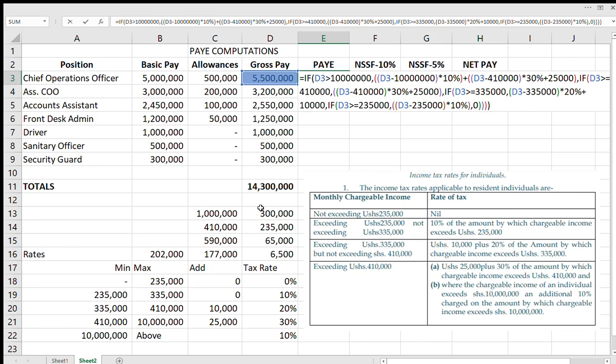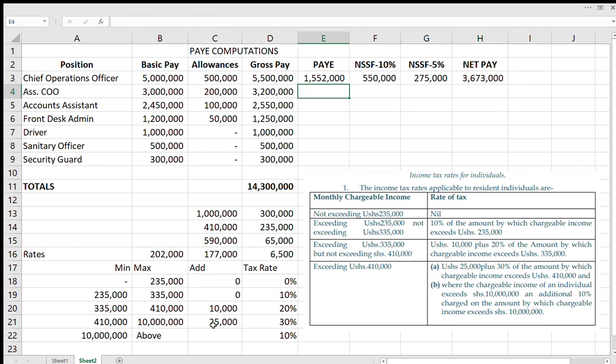I've pre-typed here the if function. What I have done is that I have started from the bottom, following this schedule from the bottom here, that any amount that is above 10 million, the person will have to be charged 10% on that amount that is above 10 million.